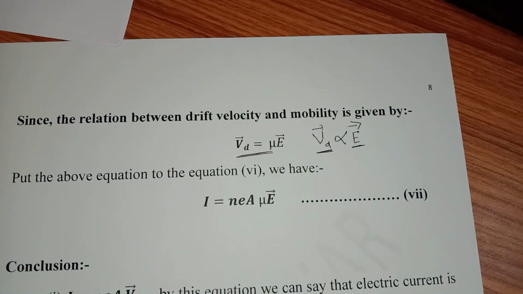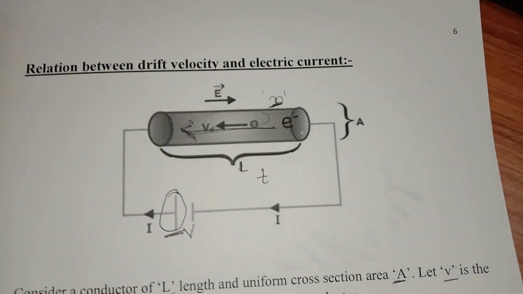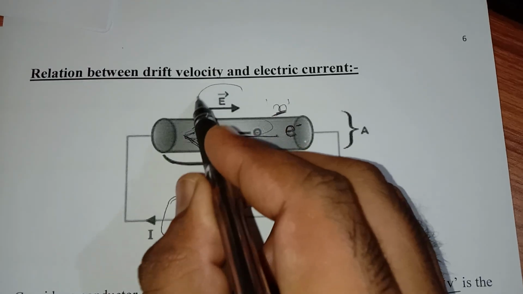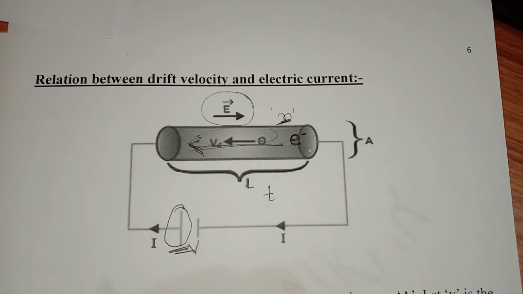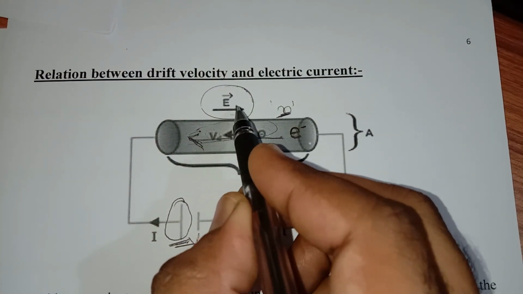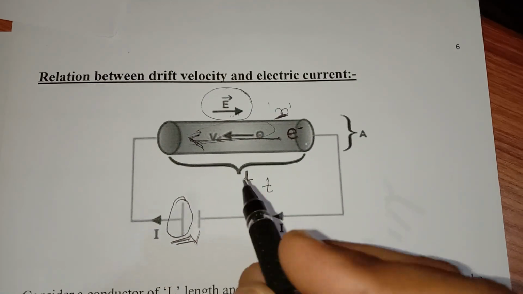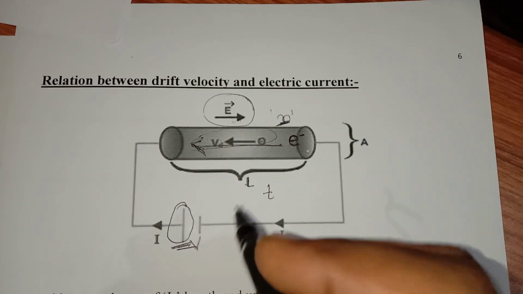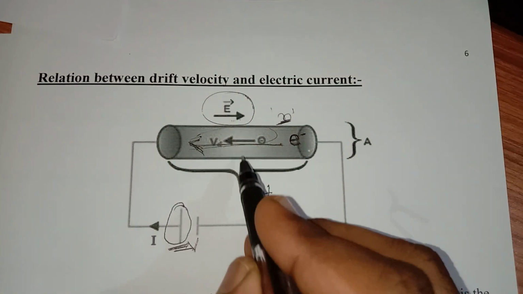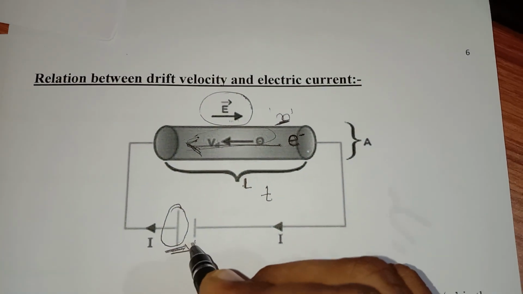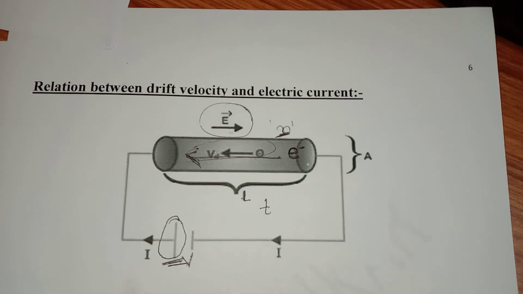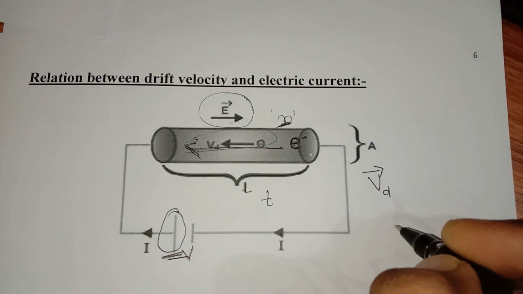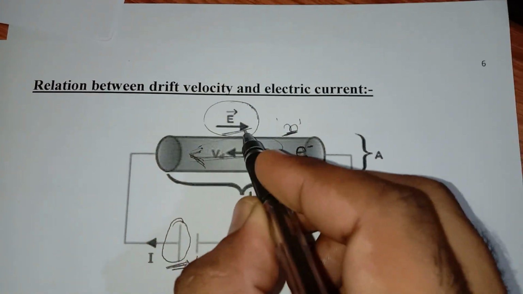As we connect the battery, an electric field is generated. So the strength of the electric field decides by how much force the electrons are attracted towards the positive potential, which means the drift velocity of the electron depends on the strength of the electric field.